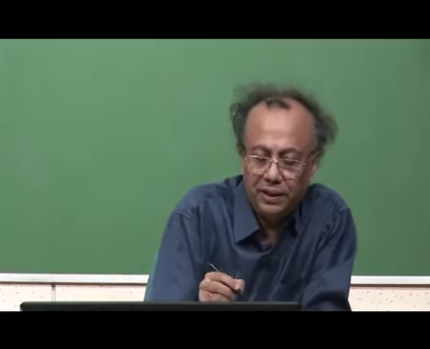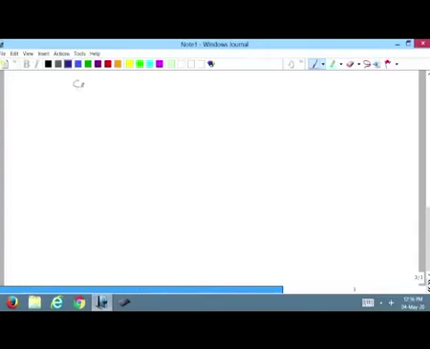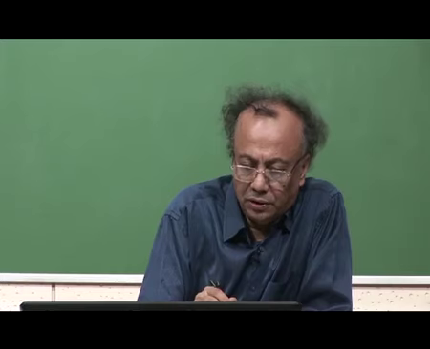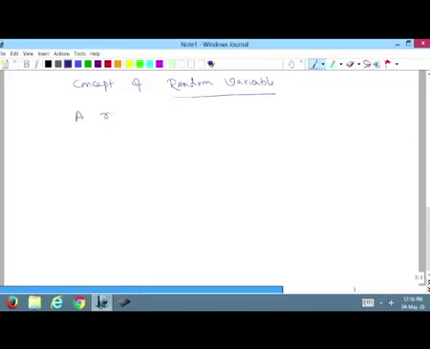Therefore, what we bring in is called the concept of random variable. For you, I give a very simplified definition of random variable, which is as follows: a random variable is a mapping from the sample space omega to real numbers.